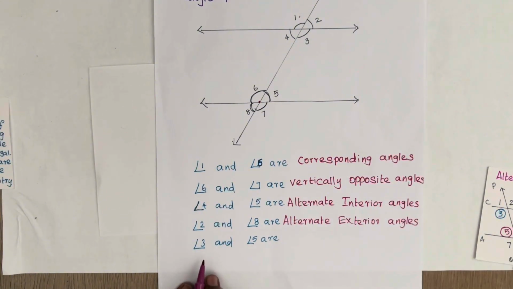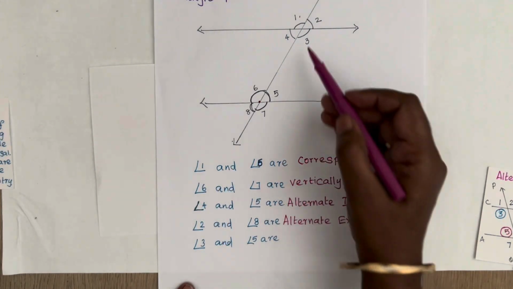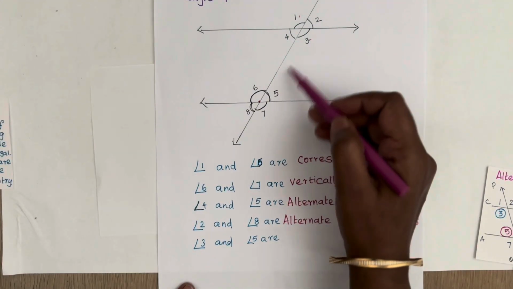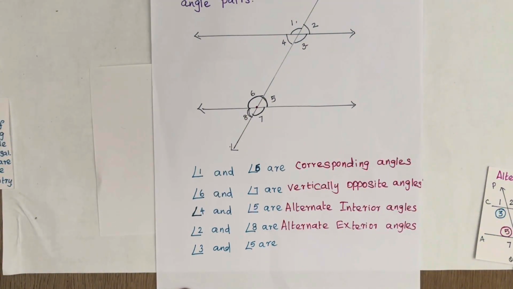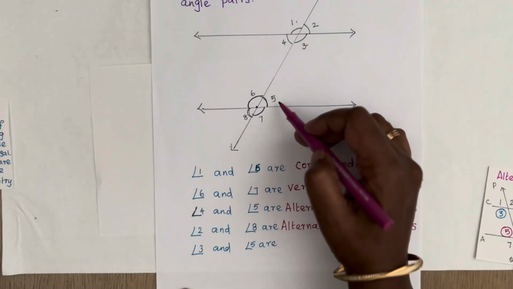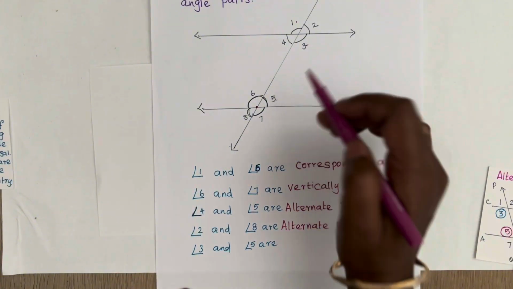The last one, angle 3 and angle 5. Both are inside but at matching corners, sitting on the same side. So these two angles are on the same side.